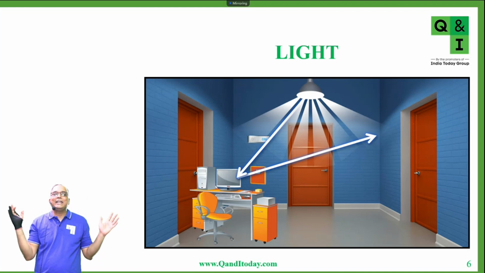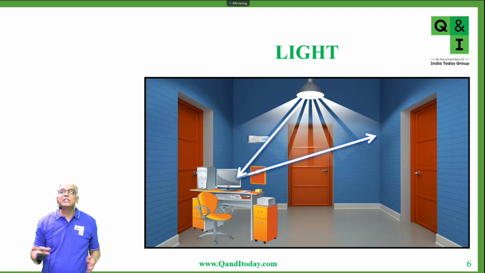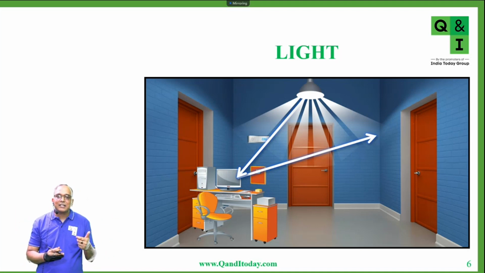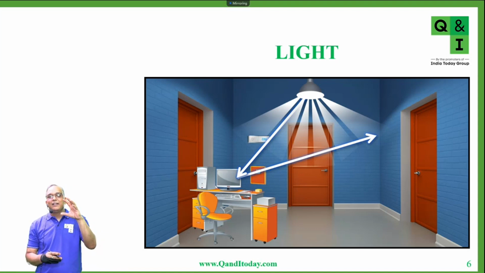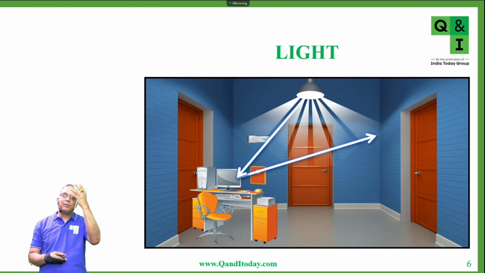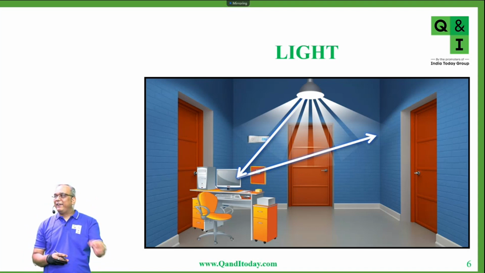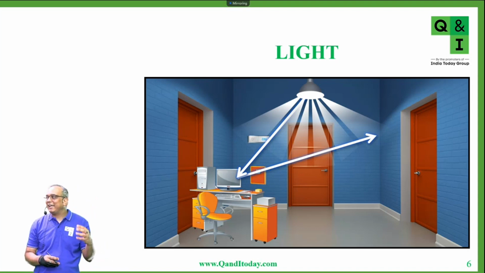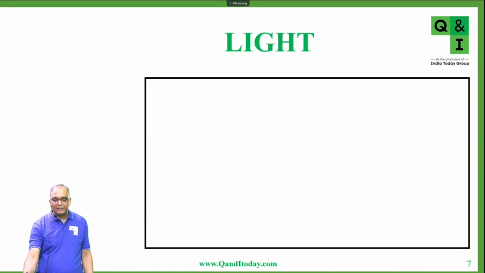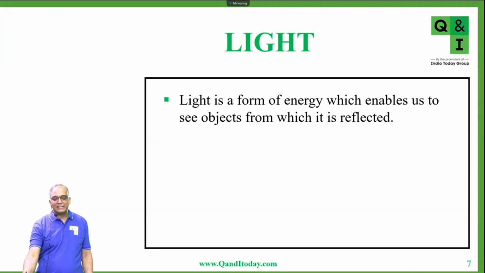If there is no light in a room, you will not be able to see anything, because there is no reflection happening. So light, let's say from a bulb or a tube light, falls on an object, and then the reflected light from that object helps you see the object clearly. This is the basic concept which you already know from your previous grade.